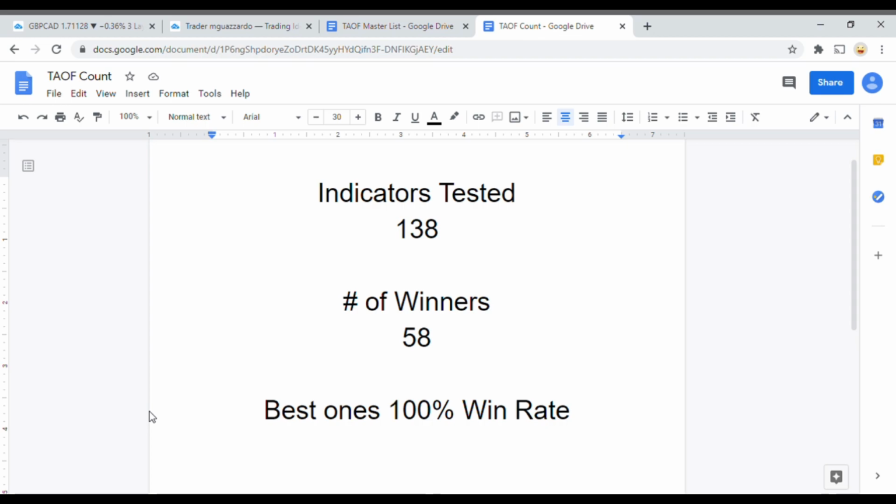The best ones so far were able to achieve a 100% win rate. Now you need to go back and watch those videos to understand the context of how they were able to achieve that. But as we are working on building the best trading system possible, you could take any one of those 58 indicators and get out there and start potentially profitably trading the markets with them now. So go back and watch those videos, make a list of those indicators, and get out there and see what you can do with them. But stick with us here as we work on maximizing our trading profits.